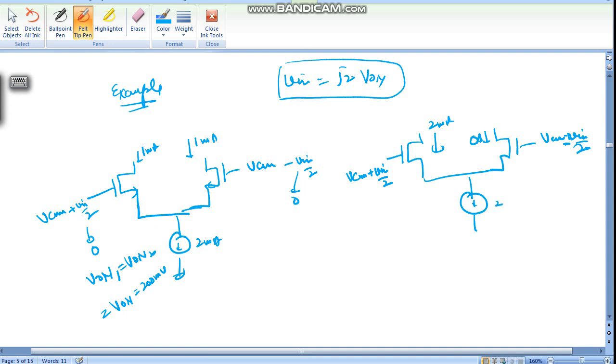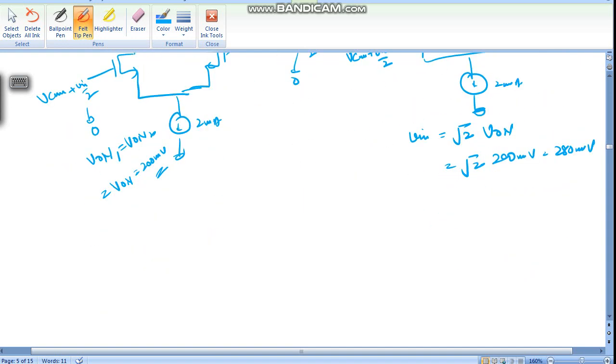So Vin is square root 2 times VON, where VON is 200 millivolt, so this will come to 280 millivolt.